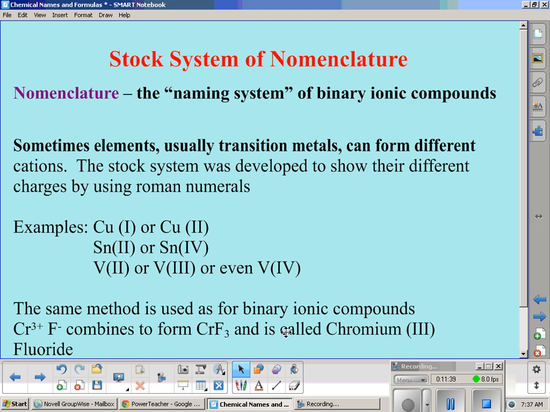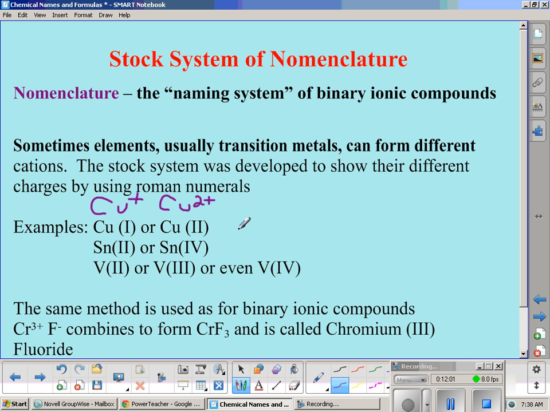So we have copper here, and if we were to write it the way you just saw a minute ago, we could have Cu plus, because it's positive 1, or copper could also be a Cu2 plus, and we need to know that.